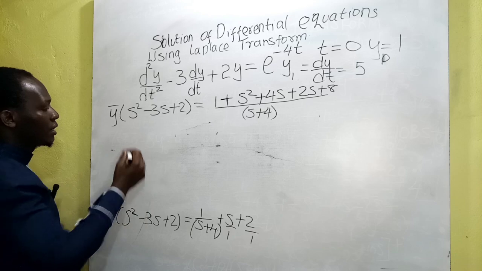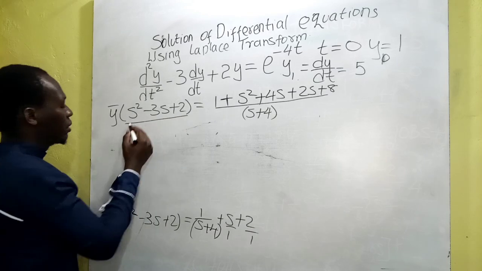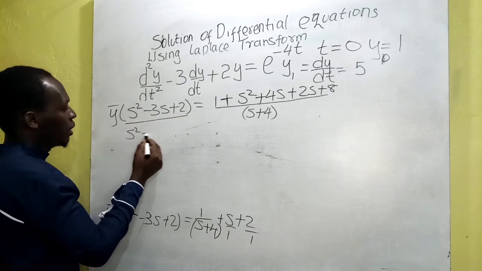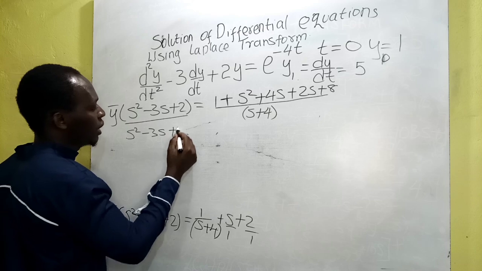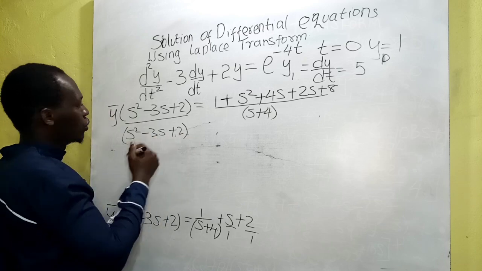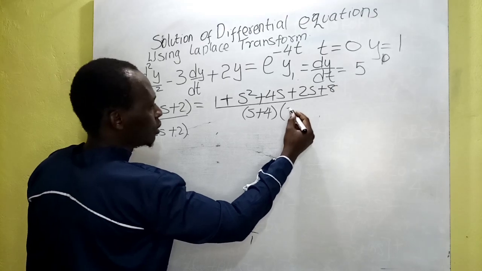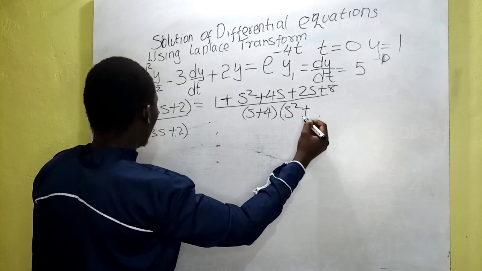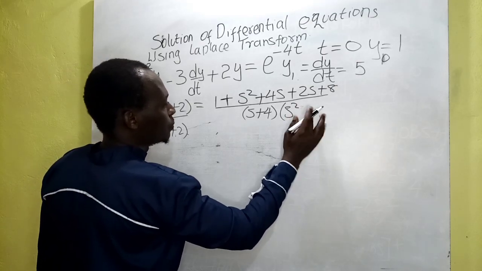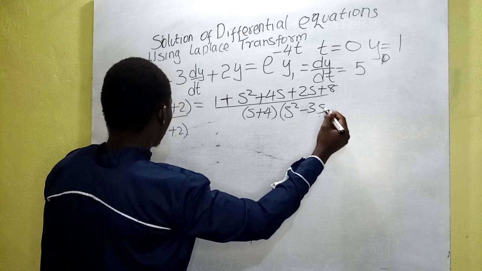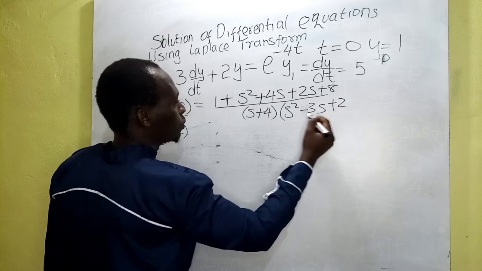On our left hand side, we divide everything by s squared, we subtract 3s, we add 2, so as to end up with y bar. And now here we are going to have s squared, we subtract 3s, we add 2.